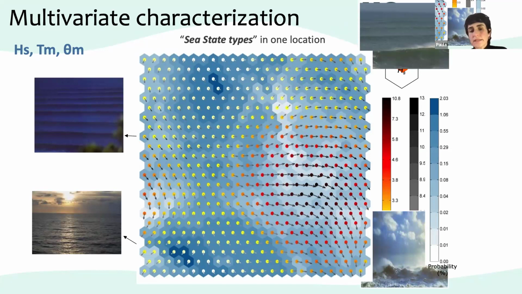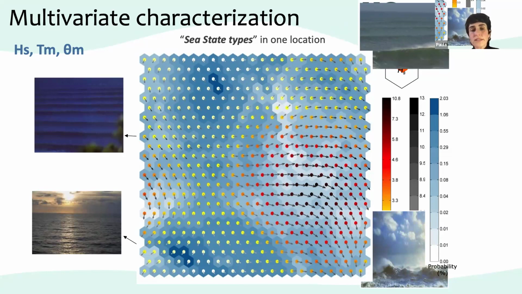But with these techniques, in this case the self-organizing map, we can summarize thousands of hourly sea states in just a reduced number of sea state types. In this case, 23 by 23 sea states. Each cell represents one sea state, and we can see the relation between the three variables that we are using, significant wave height, period, and direction, at the same time.